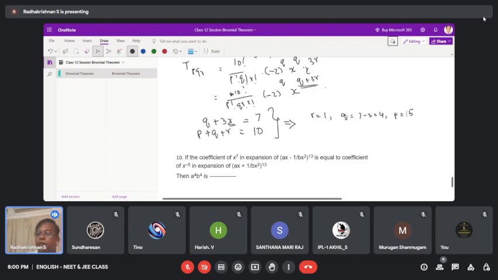So when p equal to 5, q equal to 4, and r equal to 1, we get x power 7. That is what you are getting from this equation. Now you try r equal to 2.